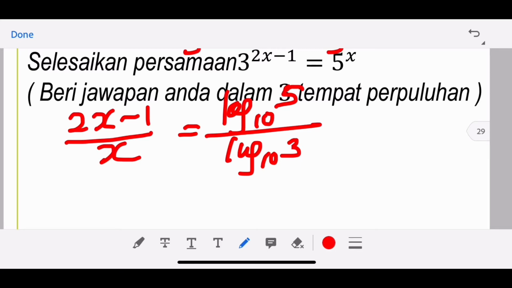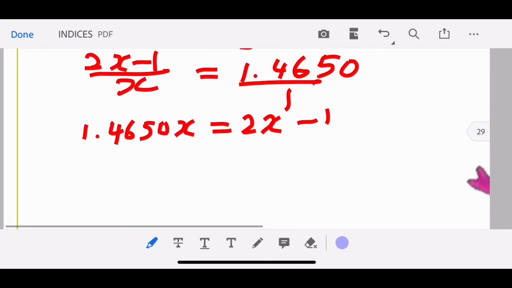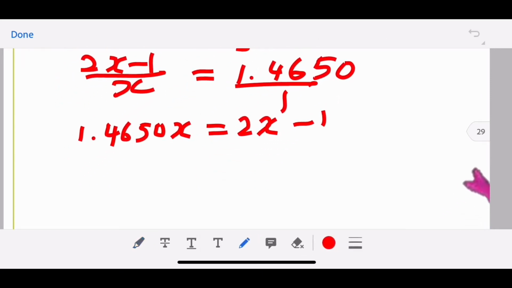After you get the answer, if possible, you write more than 4 significant figures, because when you cross multiply, it will actually affect the accuracy. So the best way is just like just now I did: we do it until the final step and then press the calculator. But some of you might want to do it this way, so you have to make sure you really round off accordingly. Then only you can get the perfect answer.